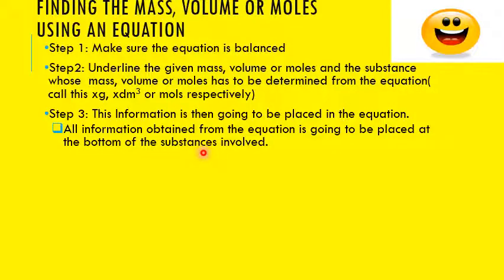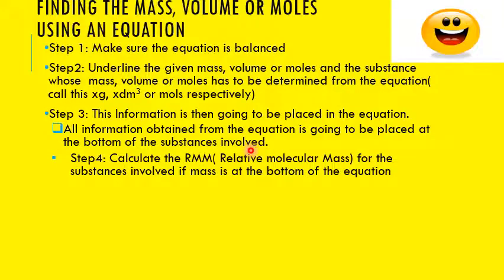So any information that you get from the equation, if you're not sure where to put it, you're going to have to put it at the bottom of the equation, and it has to go at the bottom of the substances that are involved. Next step is you have to calculate the relative molecular mass for the substances involved if mass is at the bottom of the equation. So if mass is at the bottom of the equation, all right, they give us a certain mass of that substance that's used in this scenario, in this equation.